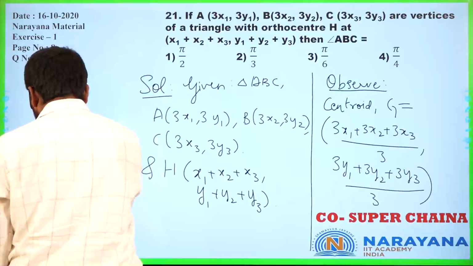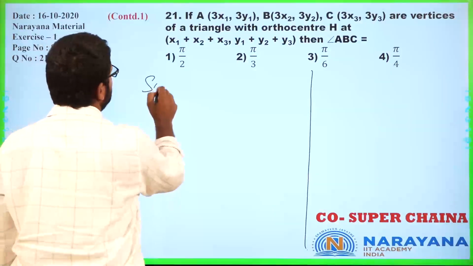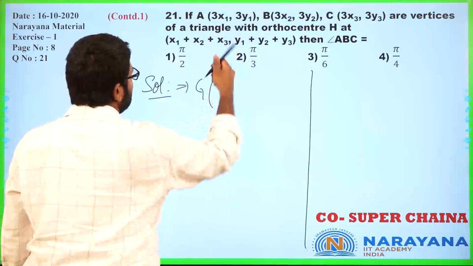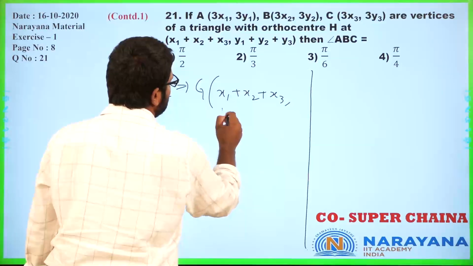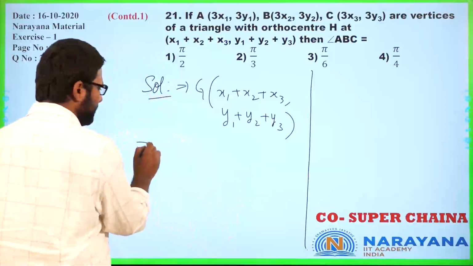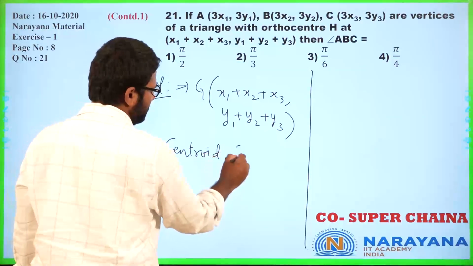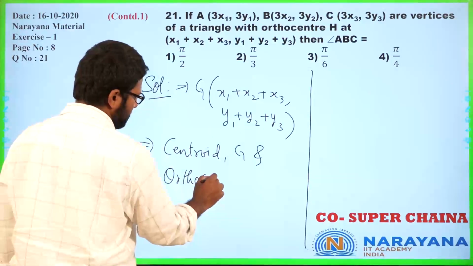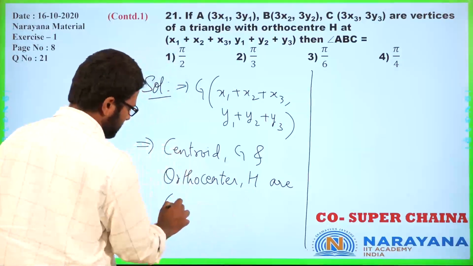So clearly that comes to x1 plus x2 plus x3, comma y1 plus y2 plus y3. Which means the centroid G and the orthocenter H are coincident.